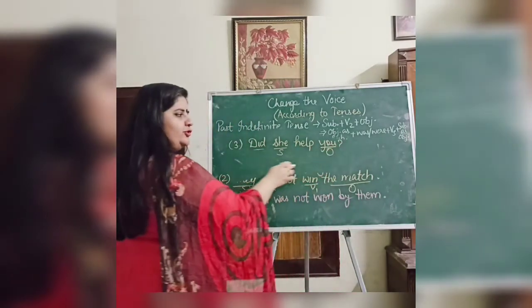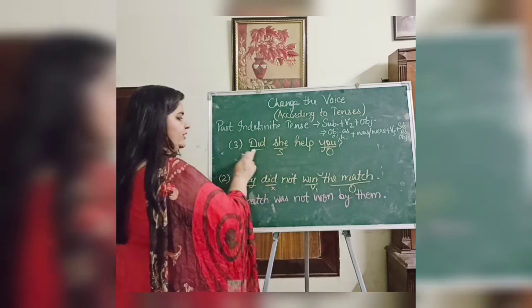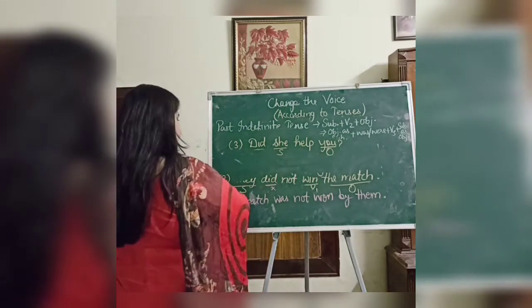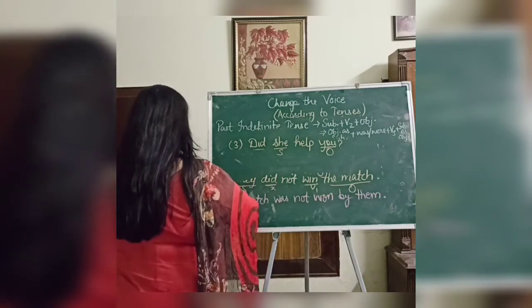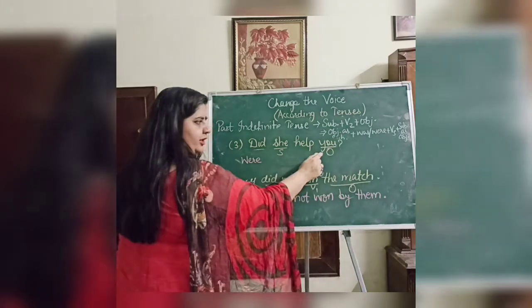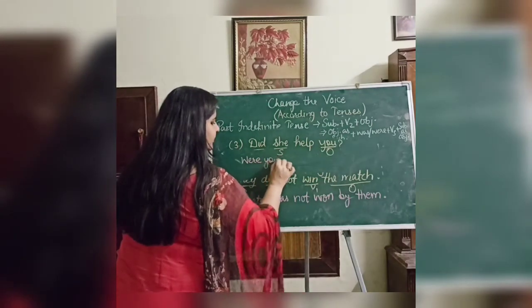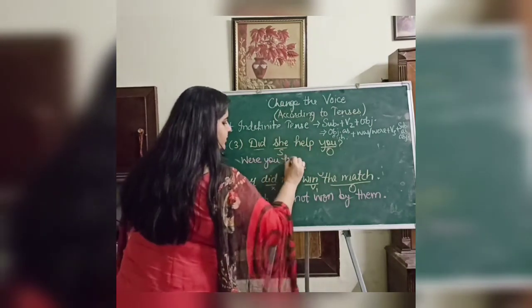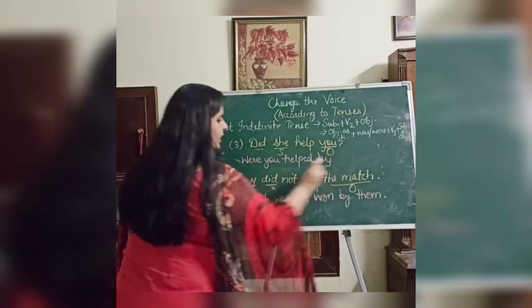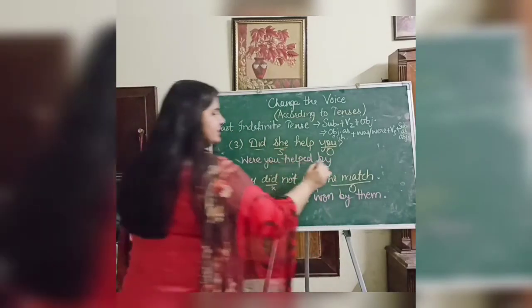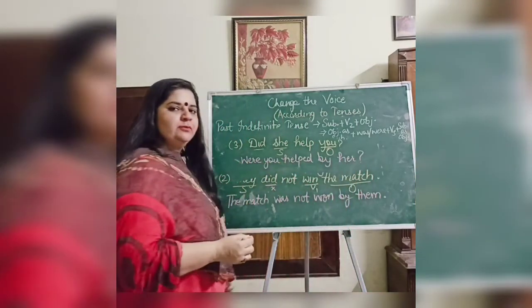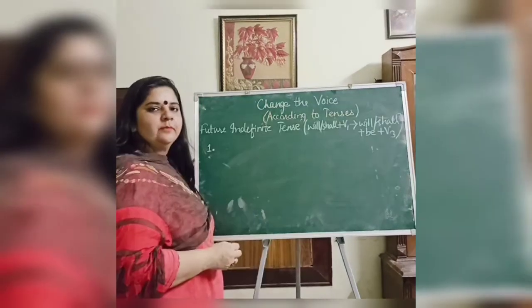So now you will take the lead, but before that we have to replace this did with the helping verb. With you, we use were. Were you? Third form, helped. By. Passive of she is her. Were you helped by her?